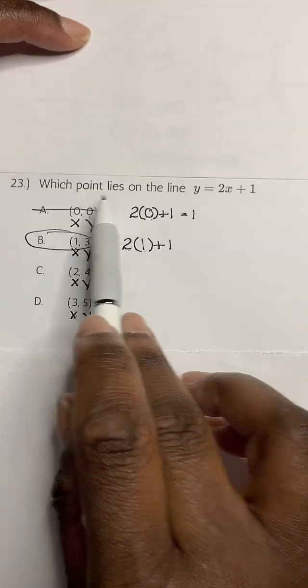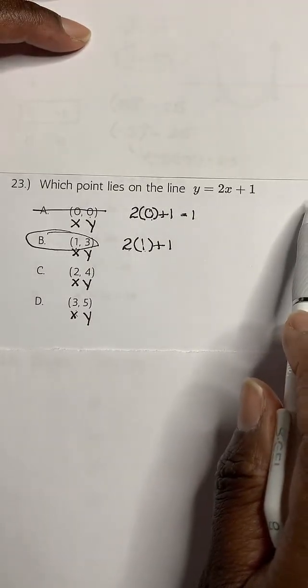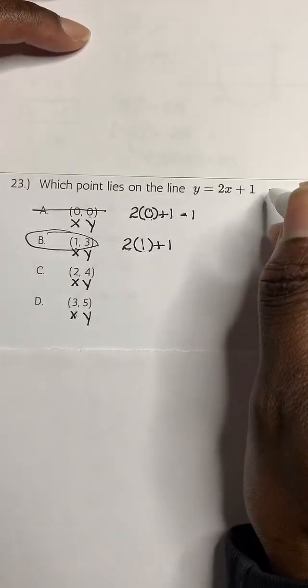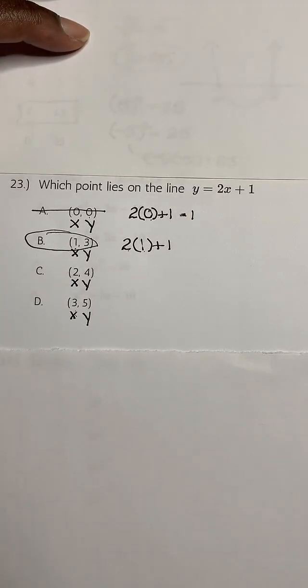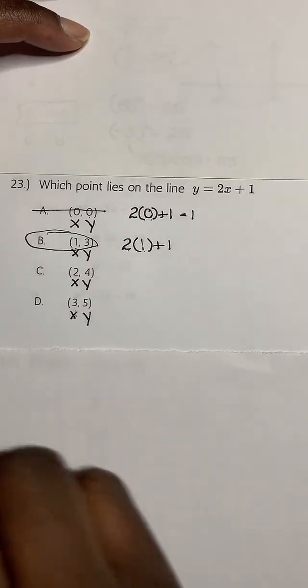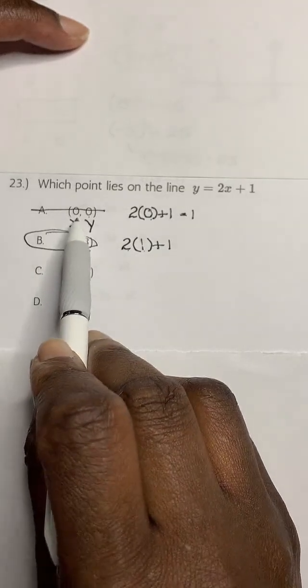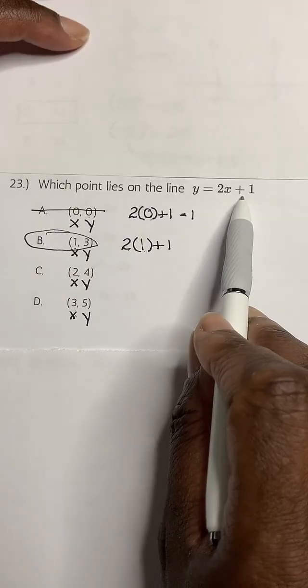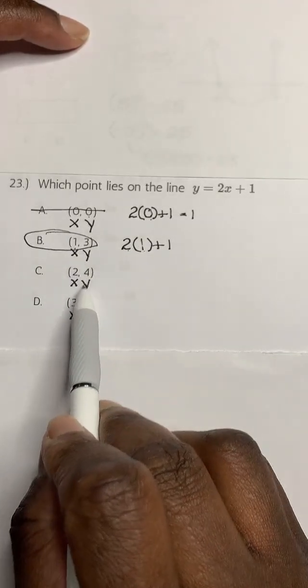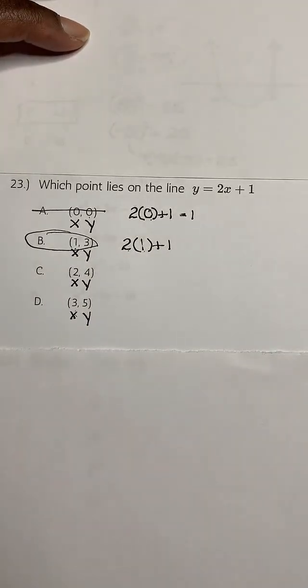It doesn't say select all. If it has something in parentheses that says select all, keep it moving. But all you're basically doing is plugging your x values into the equation, and if your answer equals your y value, that's your answer.